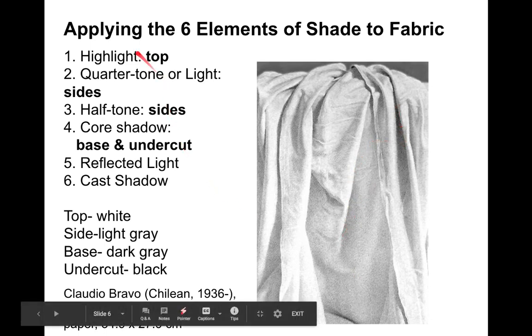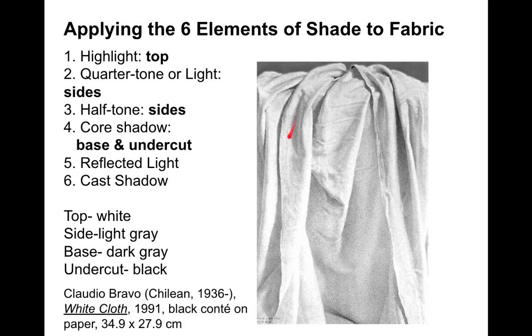And also you can find these 6 elements within this. So you can find highlights, which are on top, and quarter tones, which are some of the lighter areas in the sides, half tones, which are also the sides, reflected light. I'm not seeing a lot of reflected light right now, but I'm sure there's points of reflected light in here. And cast shadow you can't really see from this particular drawing.